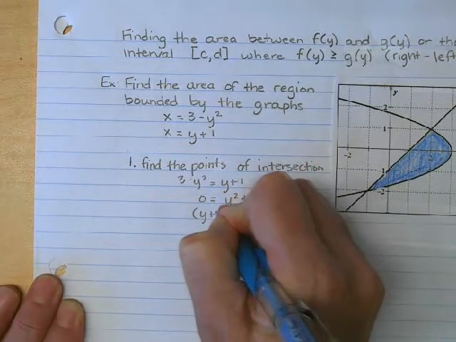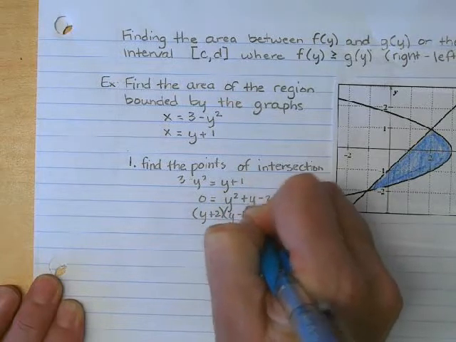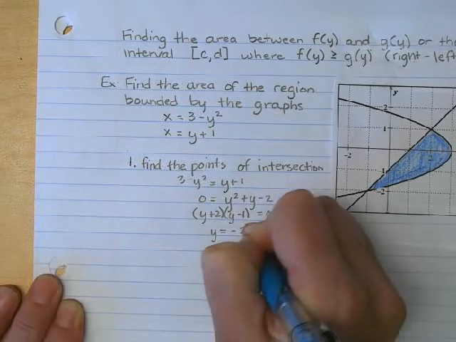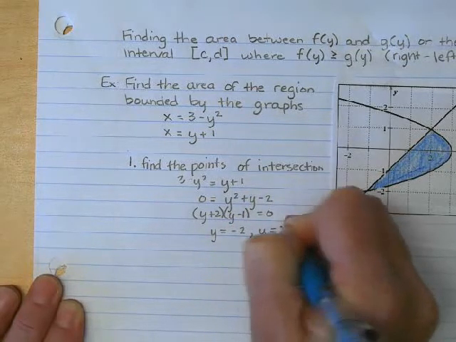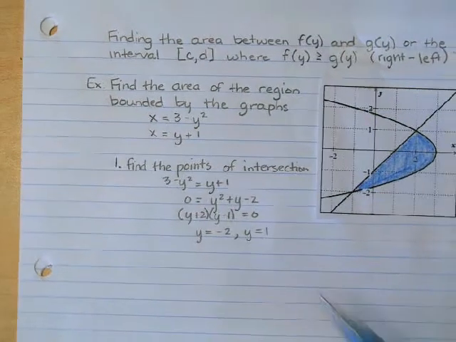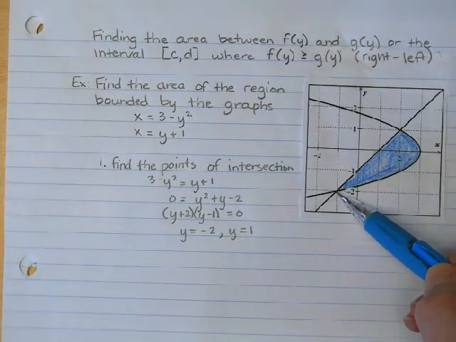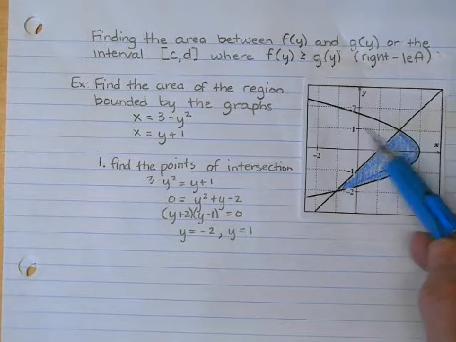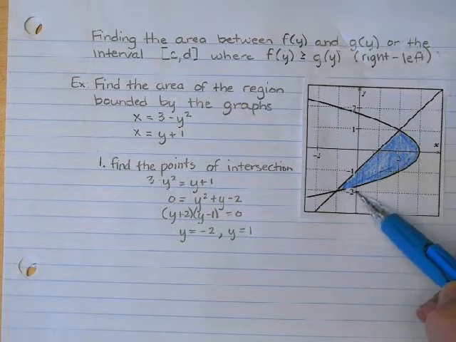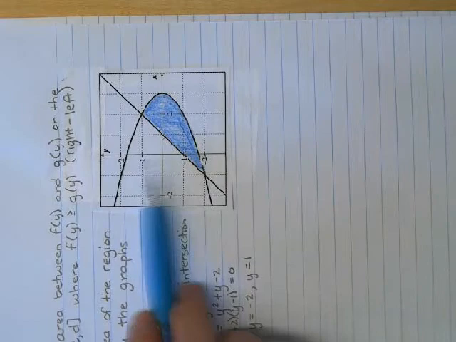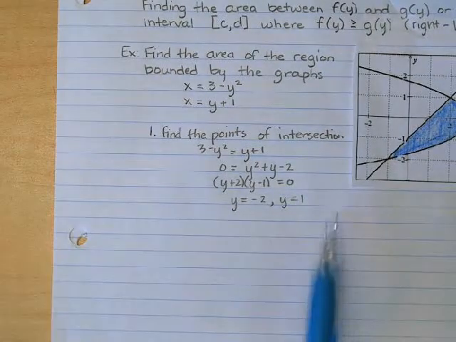So y plus 2, y minus 1 is 0. We want to prove that if we're doing this by hand. So we can see it right here that this is at negative 2 and this is at 1. So we're looking on the y-axis now, going this way. Those are our bounds of integration.